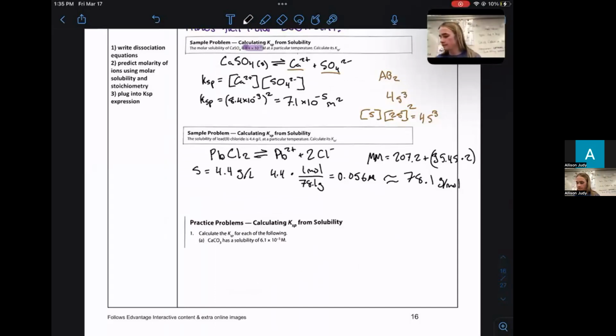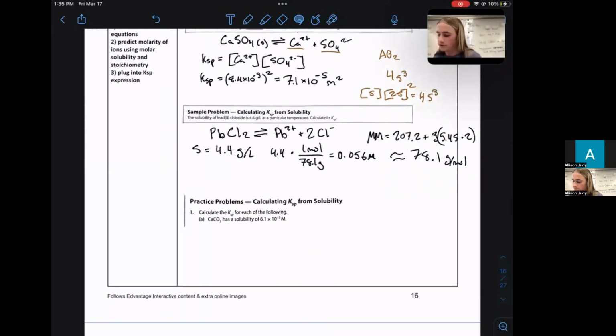All right. Let's come back and look at these. I didn't have time to finish it, so I'm not sure whether you guys did either, but we can at least get a start on this. For this first problem, theoretically, you should have done a conversion and gotten a molar solubility of about 0.56.